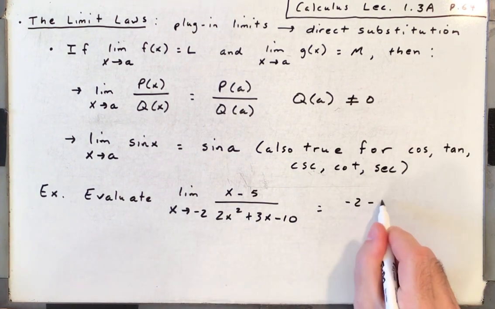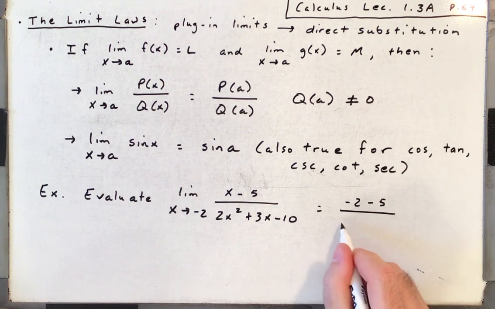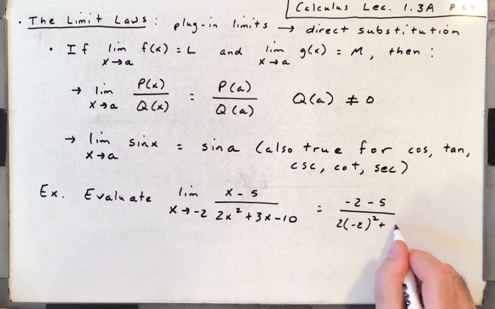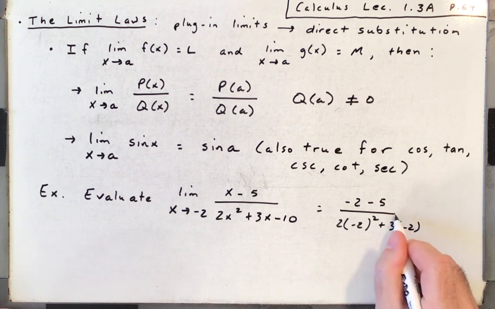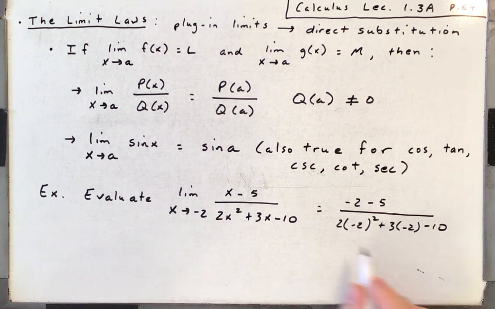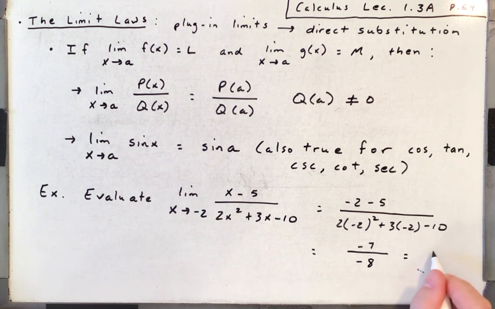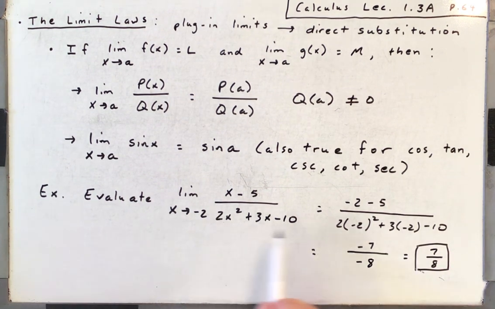So that'd be -2 minus 5 over 2 times -2 squared plus 3 times -2 minus 10. So that's going to be -7 on top, and on bottom -2 squared is 4, so it'd be 8 minus 6 minus 10. So -7 over -8, which is 7/8. So just easy. That's the direct substitution, plugging right in.